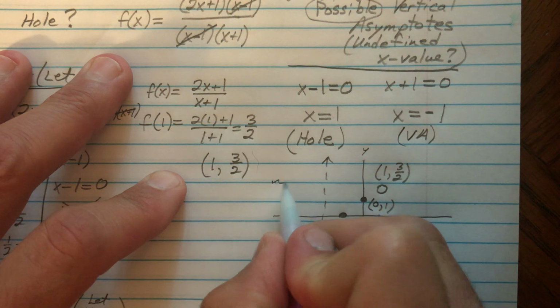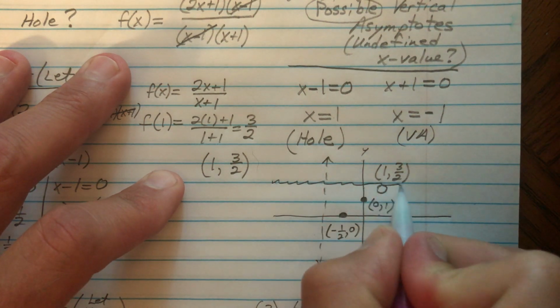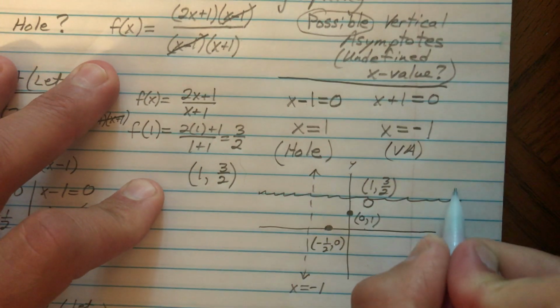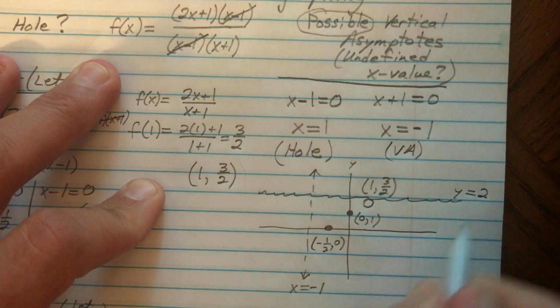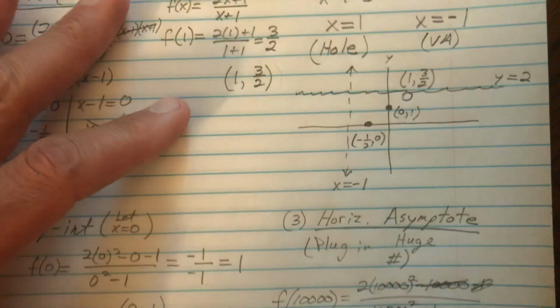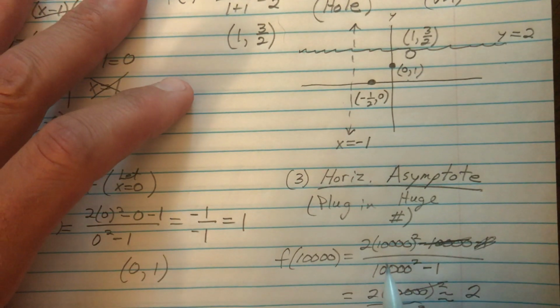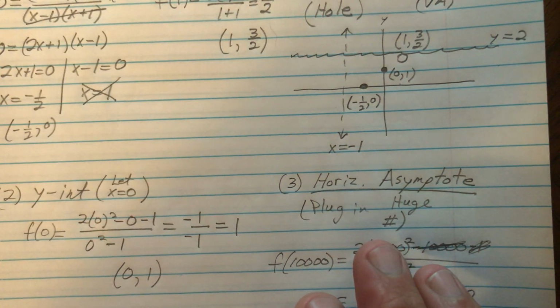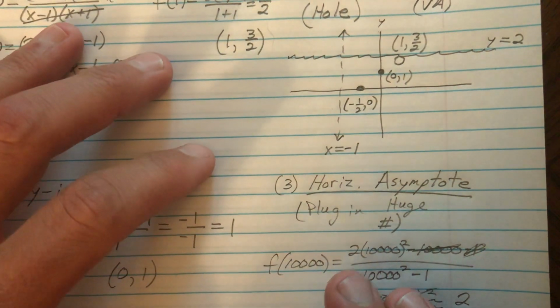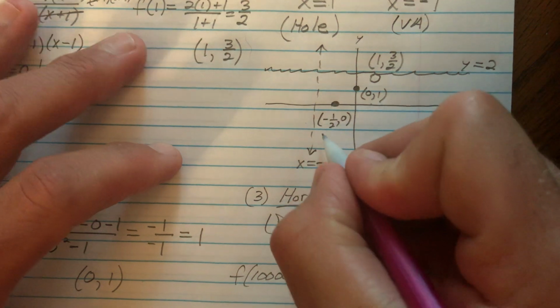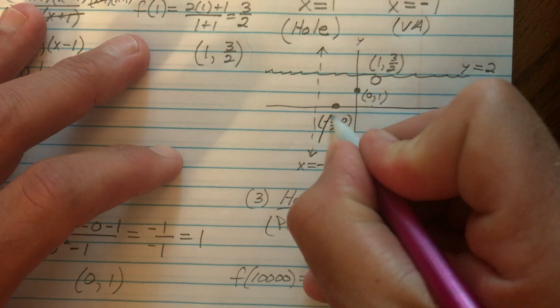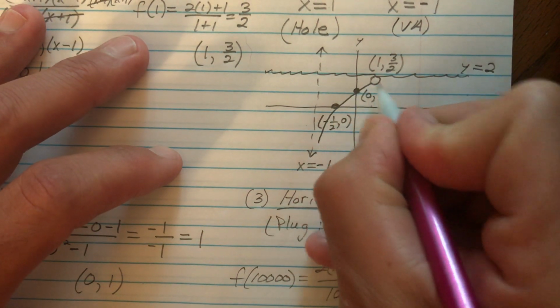is a horizontal line that we're going to get really, really close to, far, far away. That's what we just discovered by plugging in 10,000. 10,000 is far away. So we know that we're going to get really close to that eventually. So basically the graph gets close to these asymptotes.